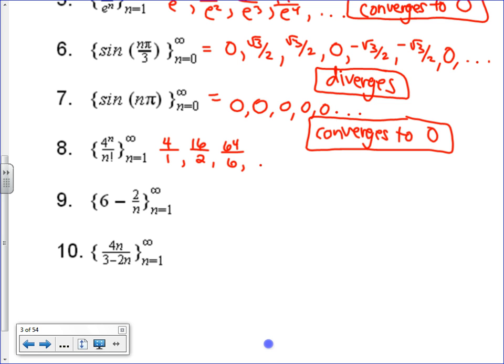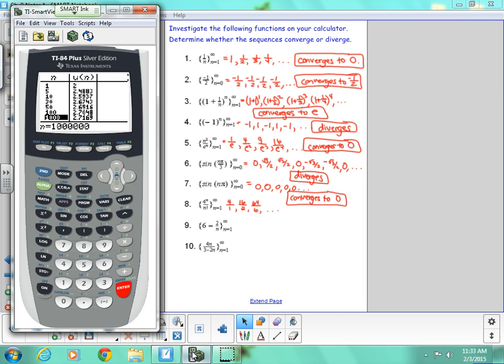Wait, right now we're guessing. Let's go to our grapher. So then we have 4 to the n, from 1 to infinity. Is it still thinking? Okay, stop thinking. Okay, so we have 4 to the n over n factorial.